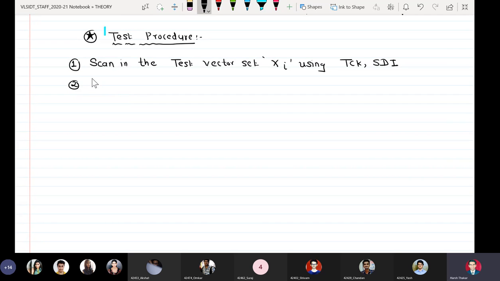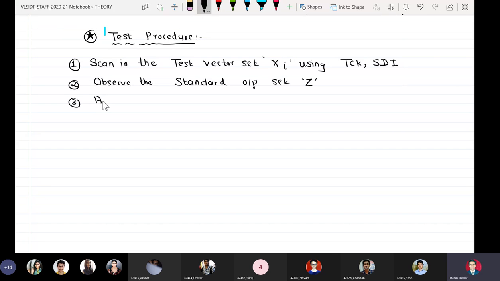Second is observe the standard output set Z.